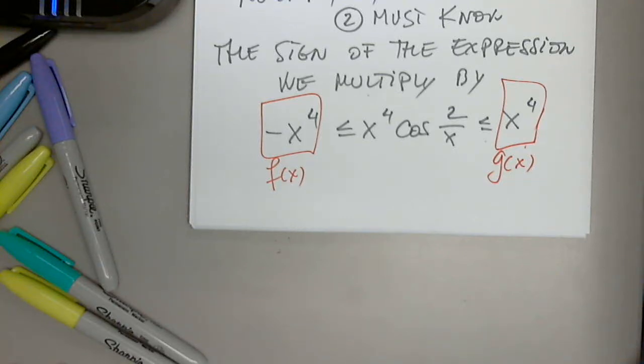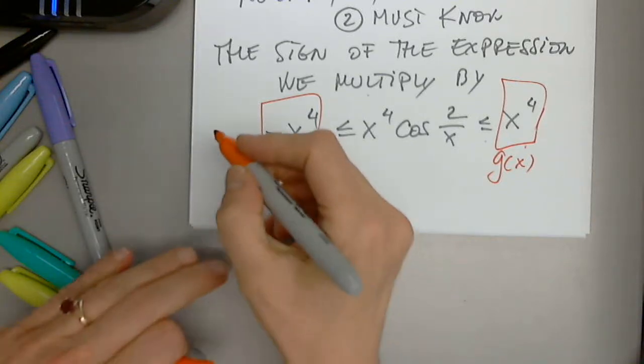And in this process, on number 1, we showed that our function x to the fourth cosine 2 over x is squeezed between two functions. The top one, x to the fourth. The bottom one, negative x to the fourth. So we fulfilled the first hypothesis, the first condition of this theorem.